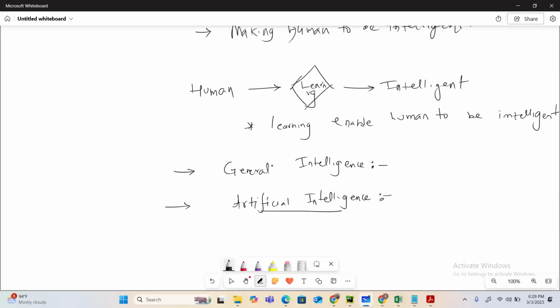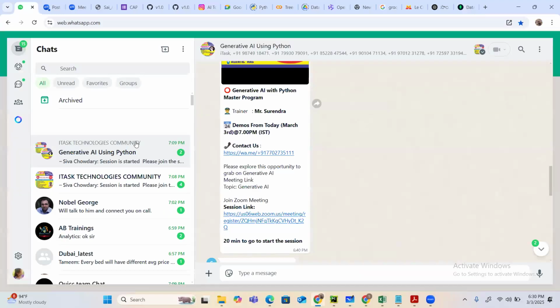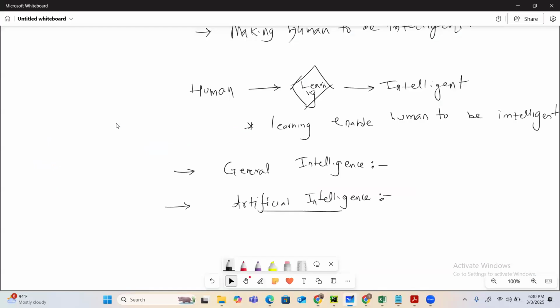Artificial intelligence is applicable to computers to act as smart as possible.